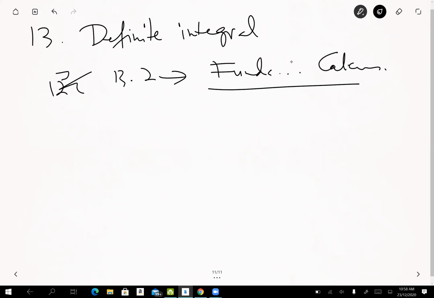Now you consider a function, y equal to f of x.